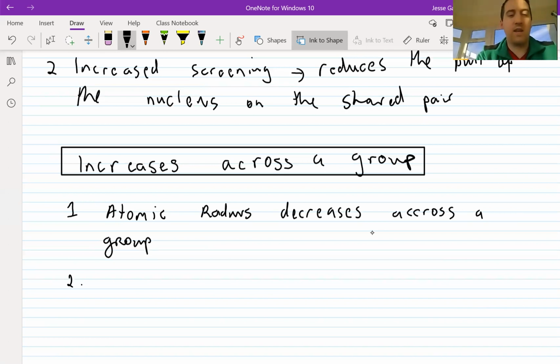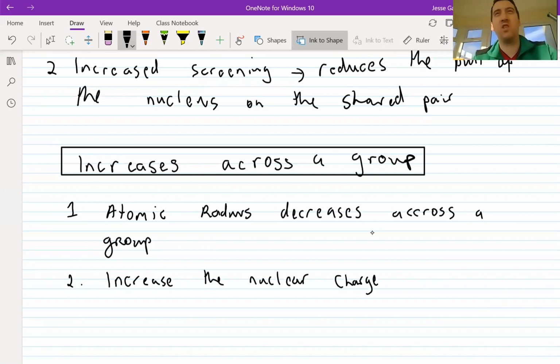Number 2 then, what's the other thing? Well, as we move across the period, we are adding more protons, which means we're increasing the nuclear charge. We're increasing the nuclear charge without adding any extra energy levels. So we say that the effective nuclear charge is increased. So this word effective nuclear charge refers to basically the nuclear charge take away the shielding effect or the screening effect. So when we go across a table, we're adding more protons, but no extra energy levels full of electrons.